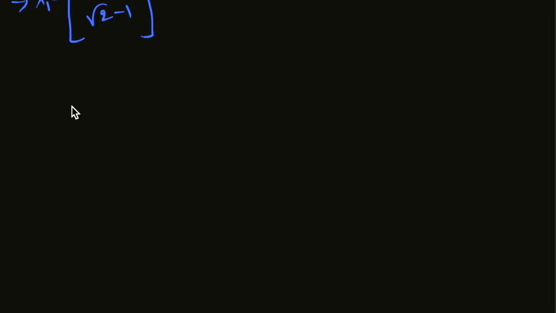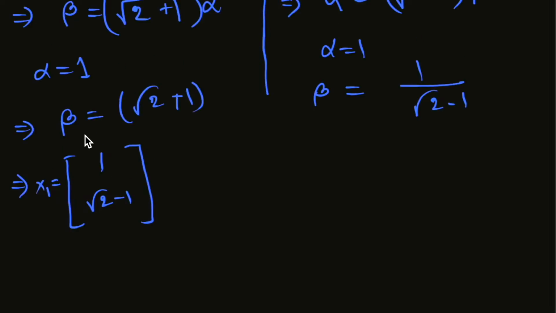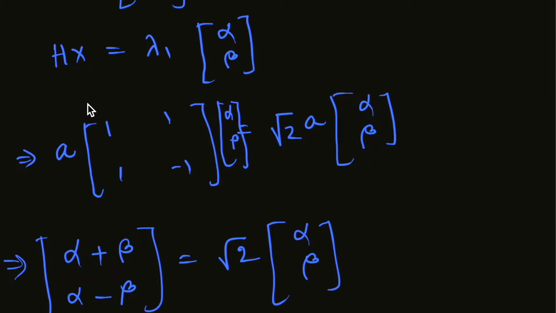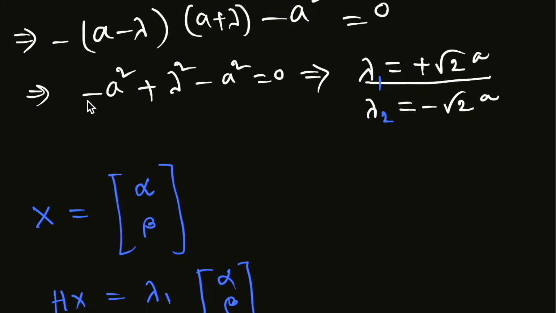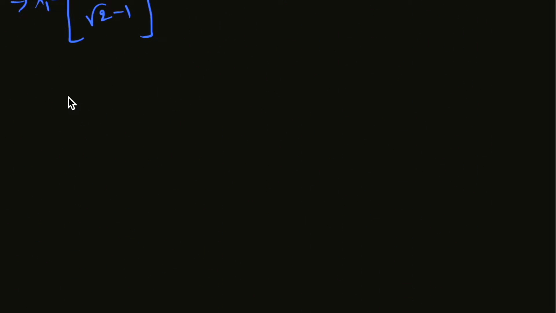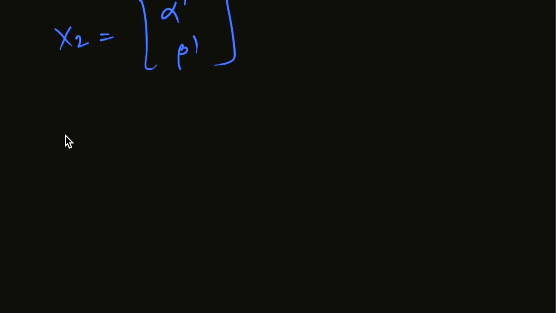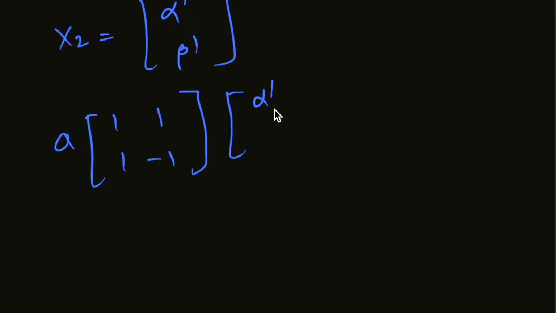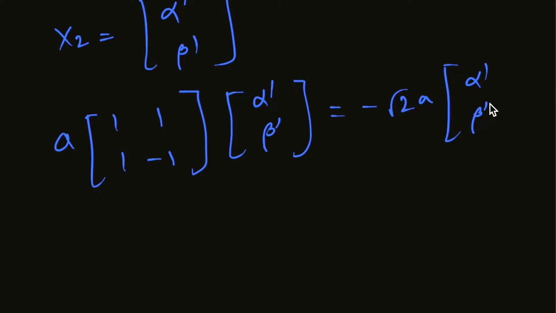Now let us calculate the eigenvector corresponding to the eigenvalue minus root 2 A. Suppose the eigenvector x2 is (alpha prime, beta prime). If we operate [[1, 1], [1, -1]] on this state, it will give minus root 2 times (alpha prime, beta prime).